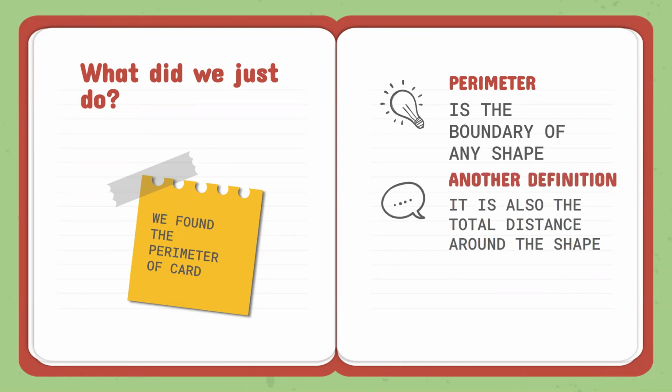Just like in our greeting card, it is also the total distance around that shape. So we needed 170 centimeters of ribbon to go around the card. So the entire distance around that card, the boundary of that card, is also called perimeter.